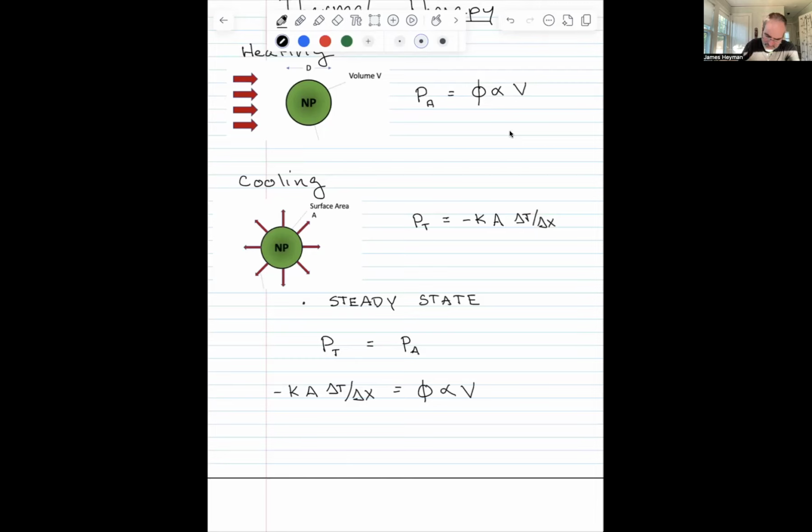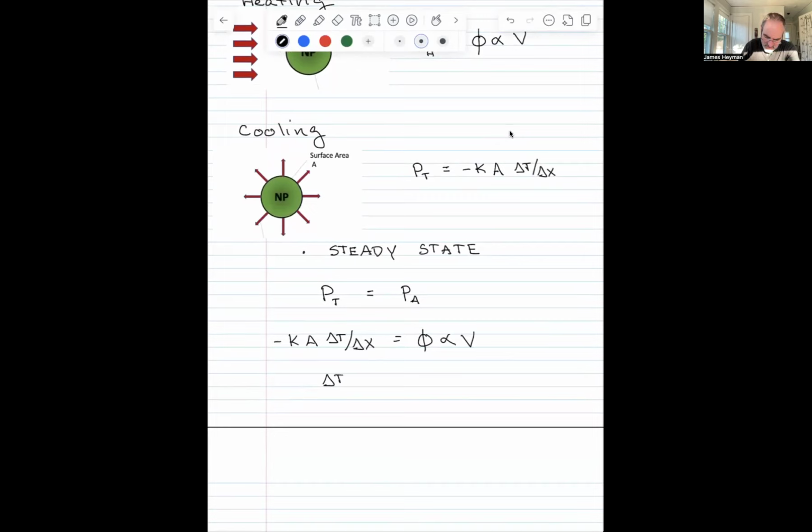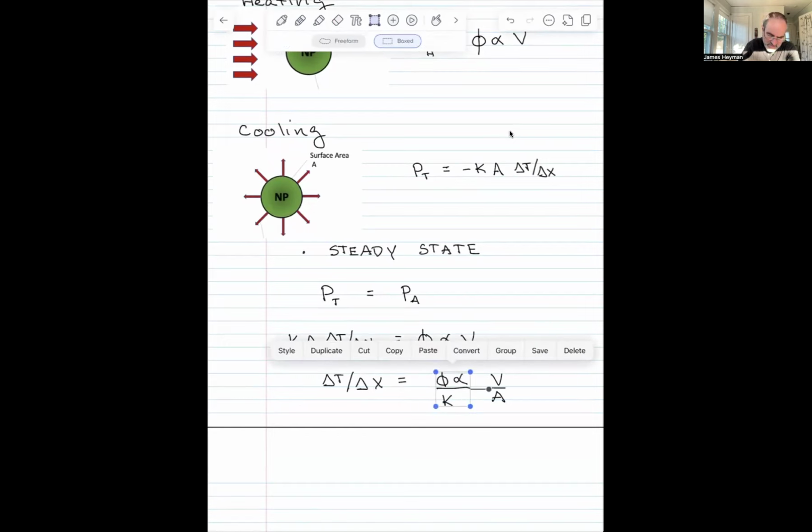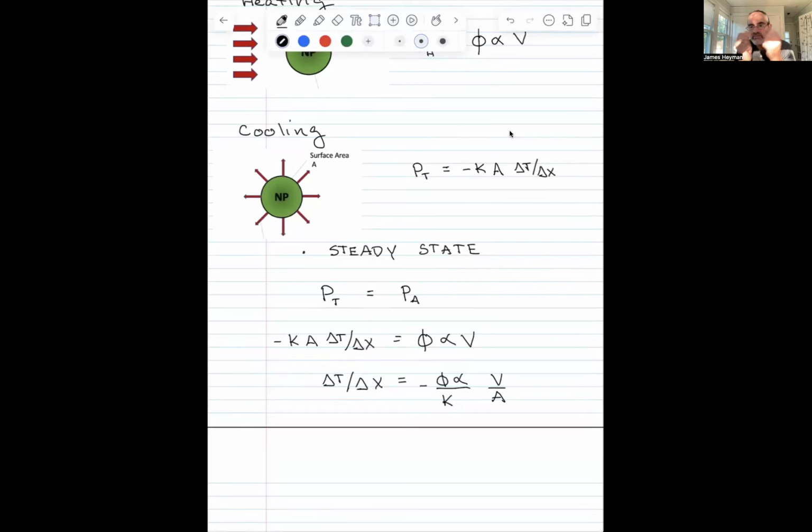And so that means that dT/dx can be written as minus phi times alpha times V divided by K times A. The minus sign just tells us that as we move away from the nanoparticles, the temperature goes down.